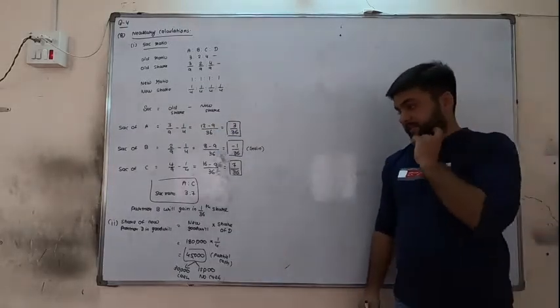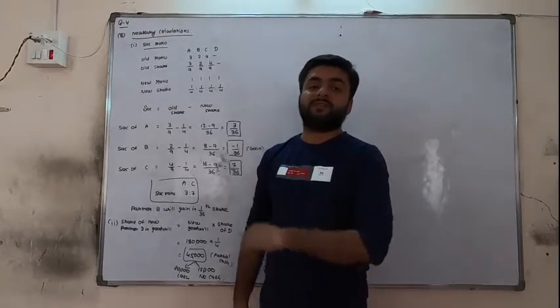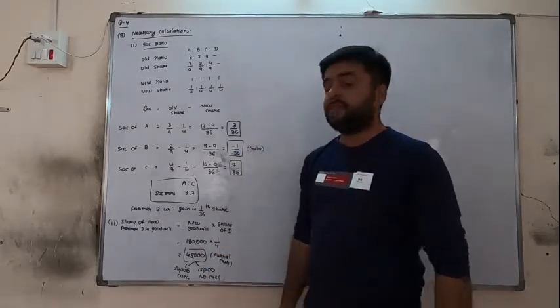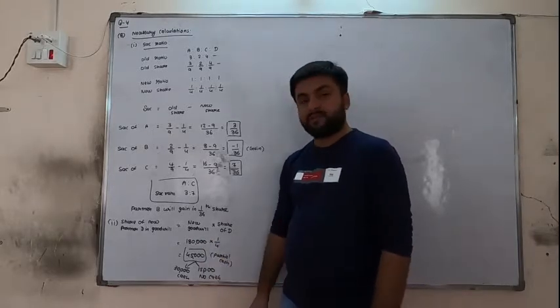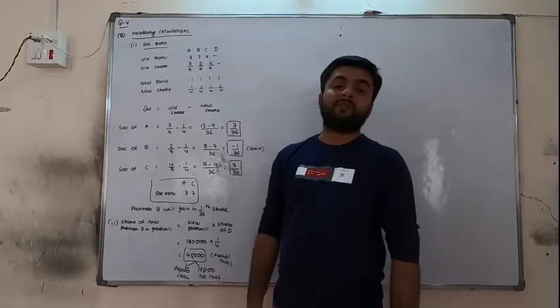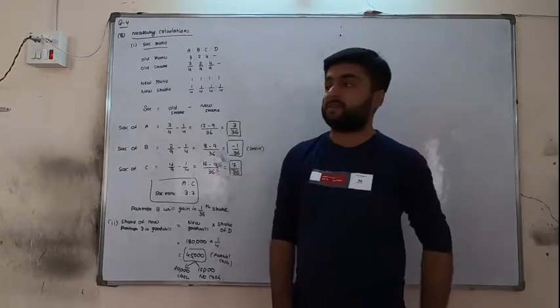Again I will repeat. Share of new partner D in goodwill is given. He is bringing 30,000 in cash. But as new goodwill is given, it is our duty to check: 1,80,000 into 1/4 is 45,000. Out of 45,000 he is bringing only 30,000. 15,000 is not brought in cash, so it is partial cash.